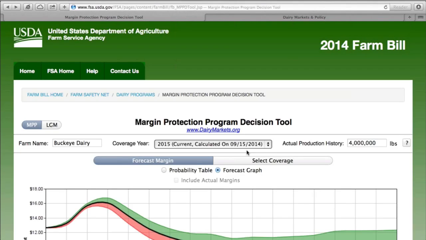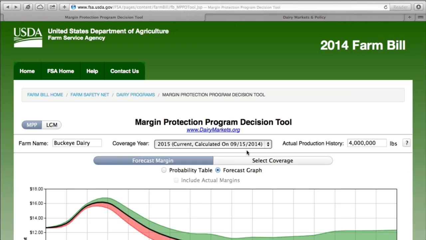Will premiums for coverage be paid to FSA office by the farmer? I believe the answer is yes. Now, I have heard from FSA folks that there may be consideration in future years to maybe have the premium deducted right away from the milk check. And if you think about it, some of these premium rates are pretty reasonable.